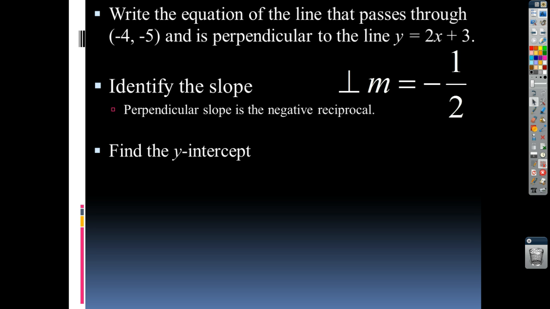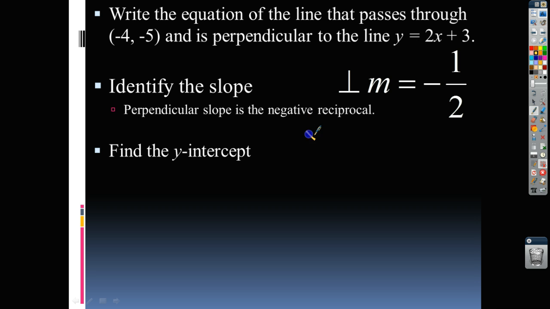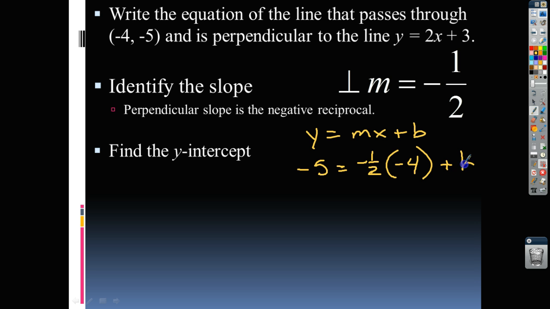Now let's find the y-intercept. We'll do the same thing, y equals mx plus b. Well, y is negative 5, m is negative 1/2, and x is negative 4, and then we'll figure out what b is. So let's get negative 5 is equal to, well, what's half of 4?